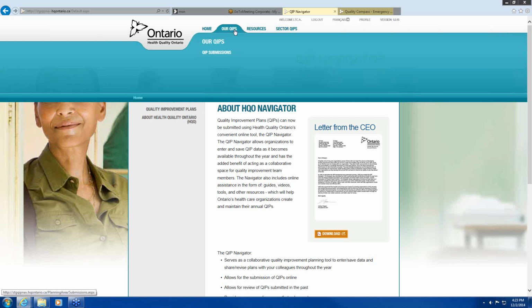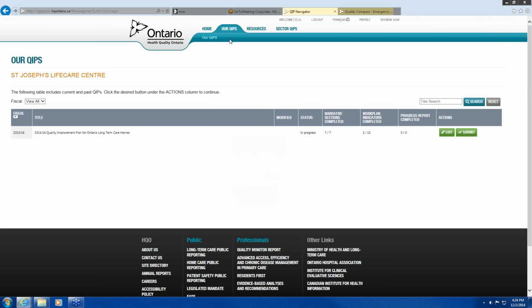So our QIPs is going to be a space where you'll be spending probably the majority of your time. And you'll see here the 1516 templates. This will be able to collect QIPs over time, but this year we just have this coming year.